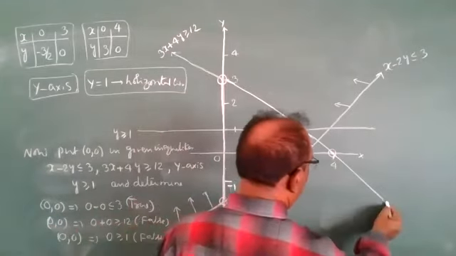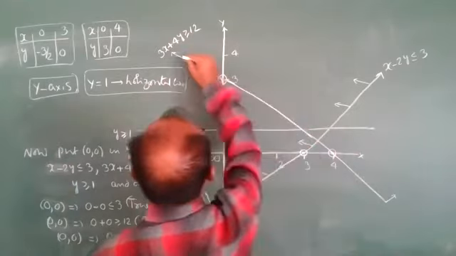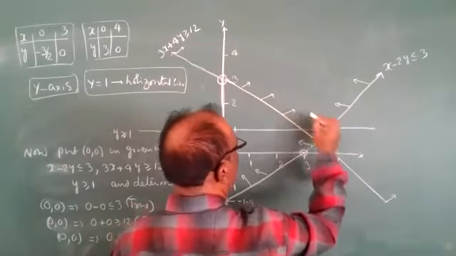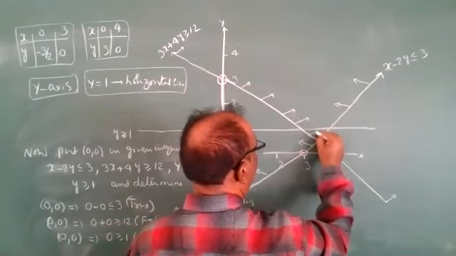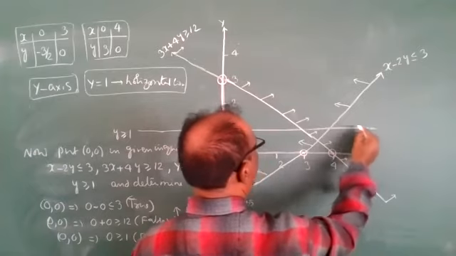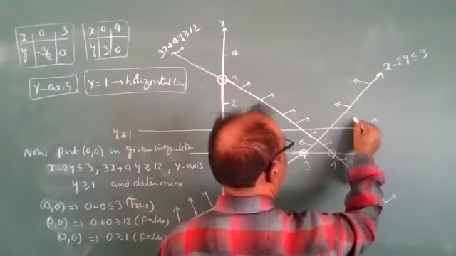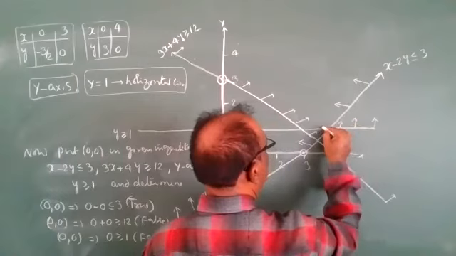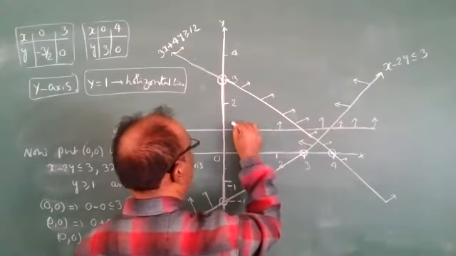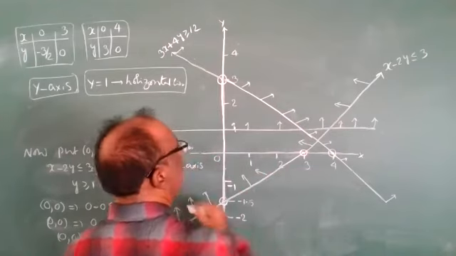So this line is also opposite to the horizon side. This is also opposite to the horizon side.